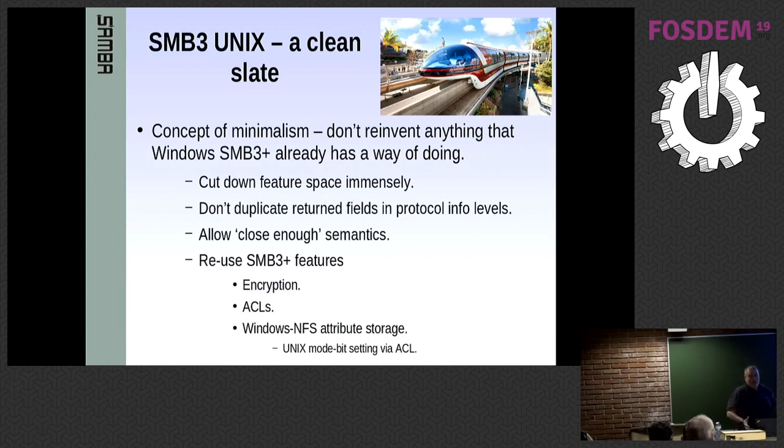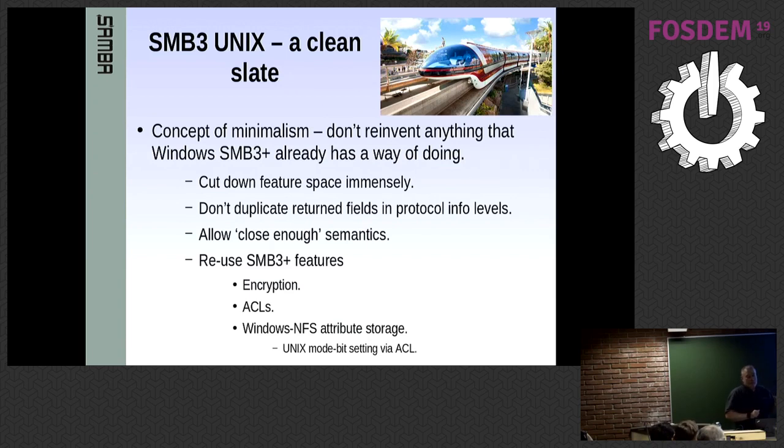But one thing that we came away with, and one of the reasons this has taken a great deal of time, also because I'm kind of lazy and don't do things unless people are shouting at me, but I finally came down with a philosophy of utter minimalism, which was that rather than the train wreck that was SMB1 Unix extensions, the SMB3 Unix extensions would only add things that we could not do any other way.